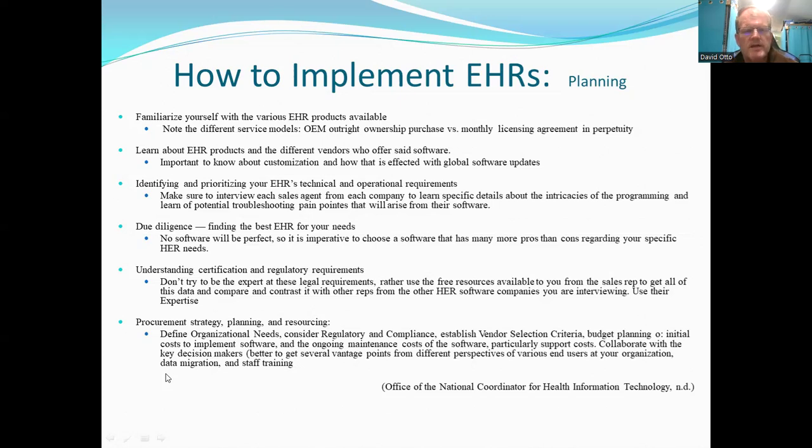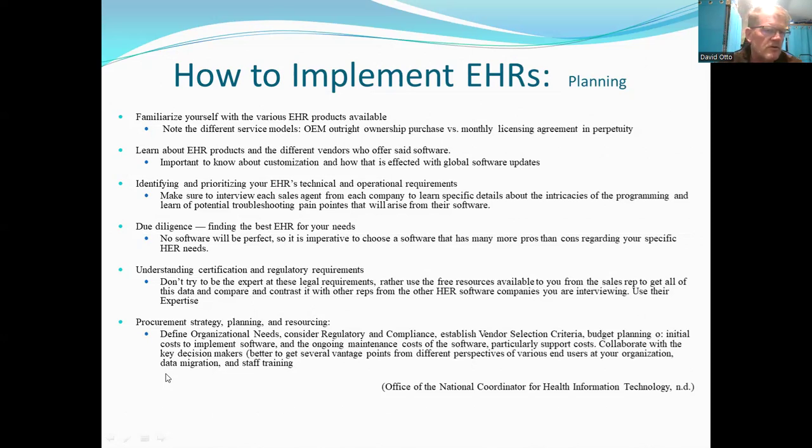You need to learn about the EHR products and the different vendors who offer the software. It's important to know about customization and how this affects the global software updates. And then identify and prioritize your EHR's technical and operational requirements, noting what your hardware and software are for your clinic and what updates you may need for that.